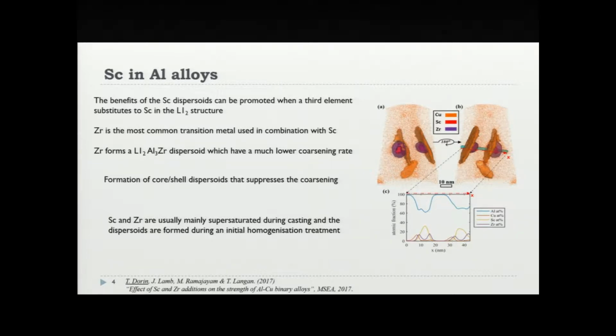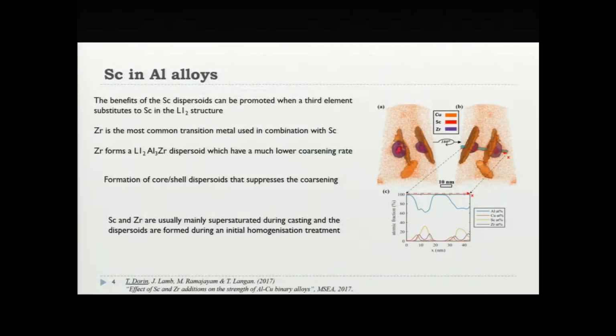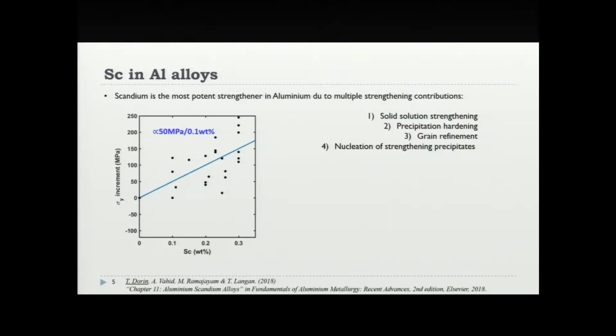In the atom probe tomography, you can see that these dispersoids also acted as nucleation sites to form fine theta prime precipitates. Again, in these 2000 series alloys and other series, in the 5000 series for example, scandium and zirconium are usually supersaturated in the ASCAS condition, and then an initial homogenization treatment is used.